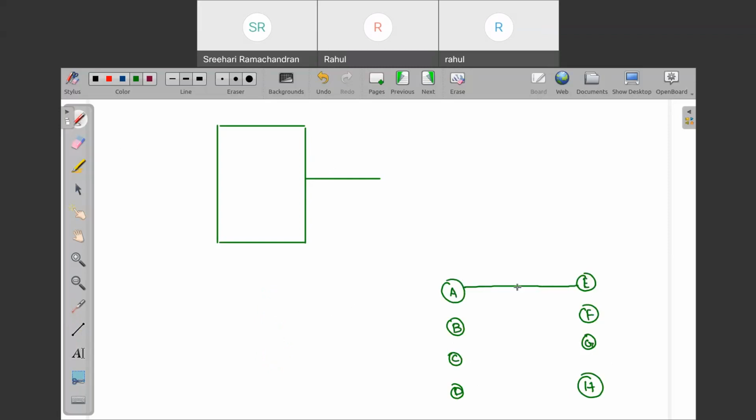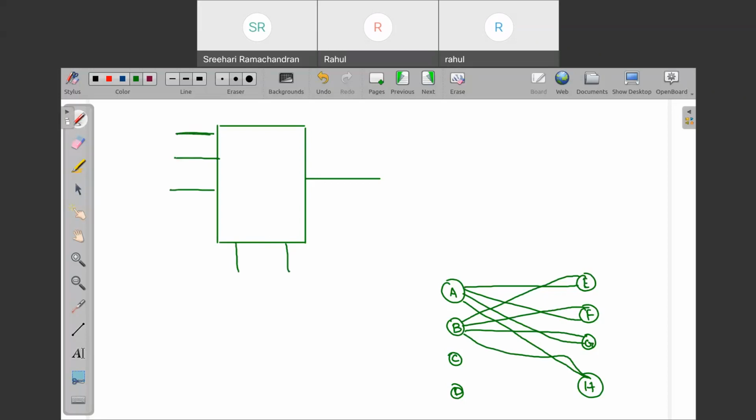So A needs to transmit from A to E, from A to F, A to G, and A to H. Similarly, B needs to transmit from B to E, B to F, B to G, B to H. Similarly, C also needs to do. Now, if we do one-to-one connection, it will be very haphazard. So what we do, we basically use the combination of multiplexer and demultiplexer. So what do we have over here? So look very carefully. So this is one 4 cross 1 multiplexer.